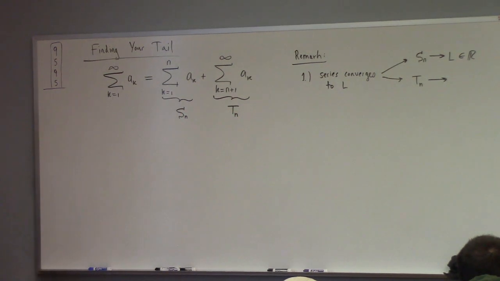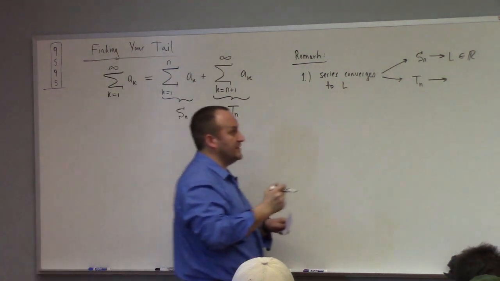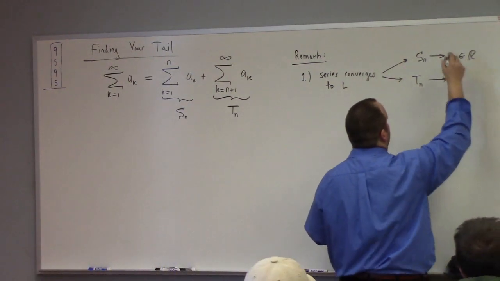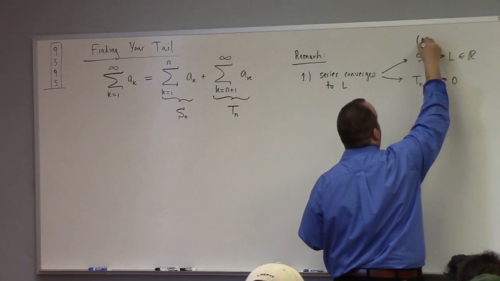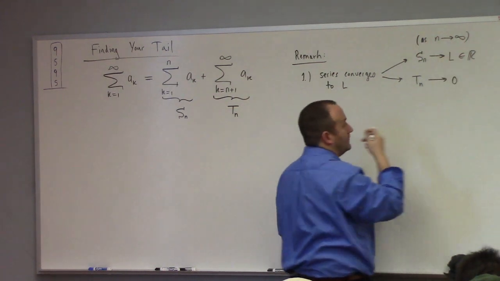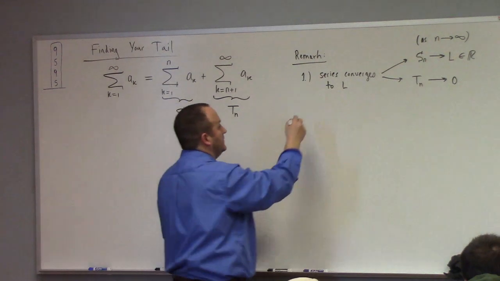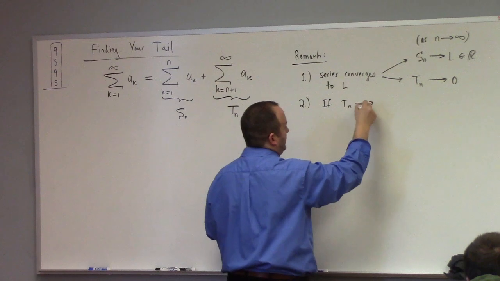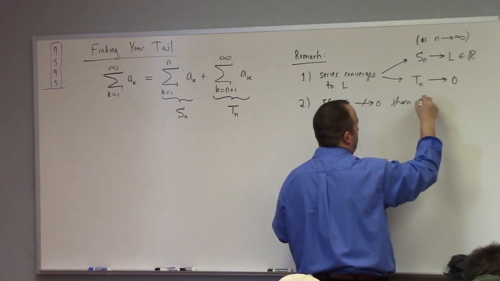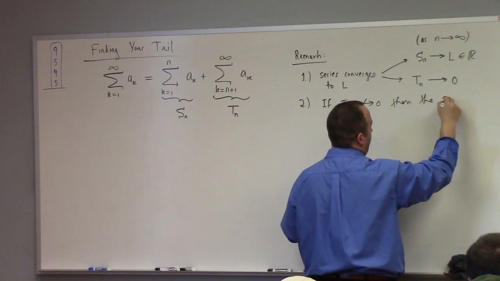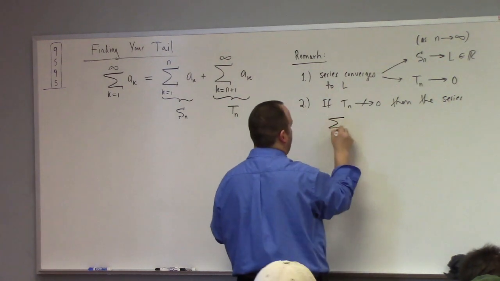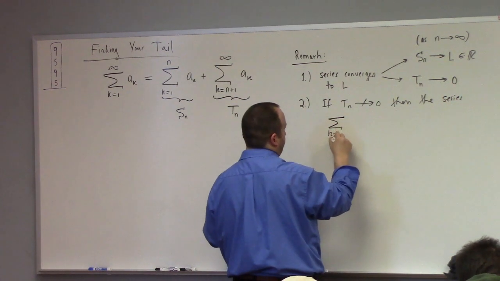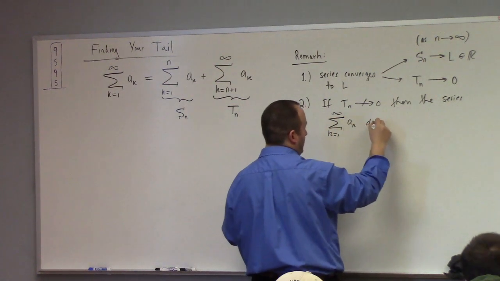What has to happen to that last piece if the series converges? Yeah, it has to go to 0. Both of these, of course, are as n goes to infinity. Number two, if Tn does not go to 0, then the series diverges.